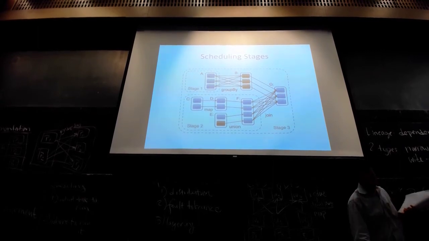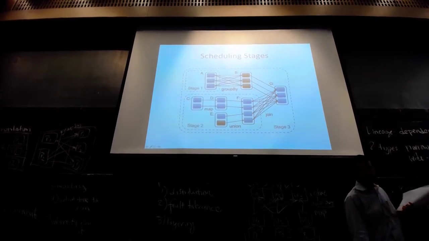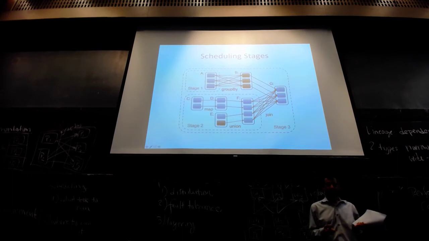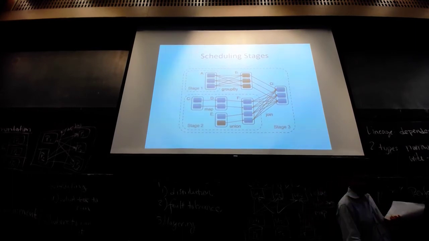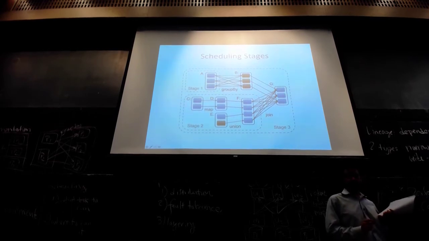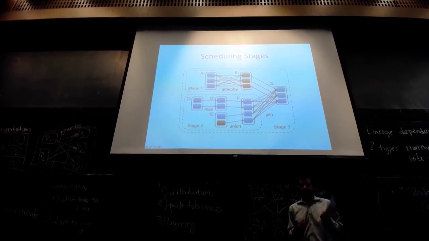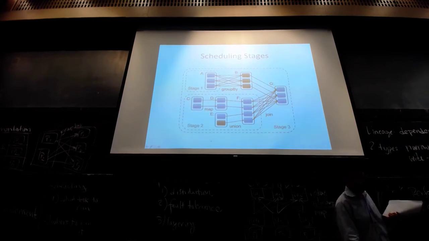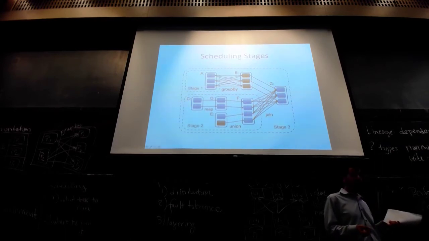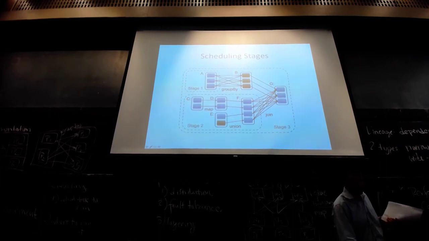If we want to compute this output G, then we can use the lineage graph to figure out each of the inputs that we need to recompute. We don't need to recompute any of B because it's already available in memory, but we do need to recompute this thing they've labeled as stage 2, because the blue things in F aren't available, except for this one little part of E that is already cached for whatever reason. So we're going to need to recompute all of these things.